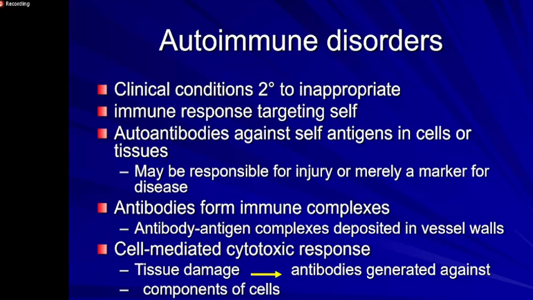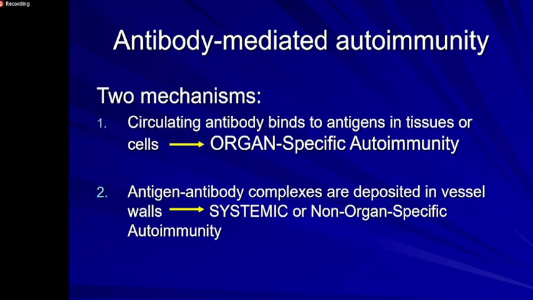So if you are asked about the injury, I want you to remember the causative agents for the injury. Number one is the autoantibodies. Number two is the immune complexes. And number three is the presence of a cell-mediated cytotoxic response. Those three are the ones which are causing damage. Antibodies, immune complexes, and cell-mediated cytotoxic response. Those three are the ones which will cause damage.